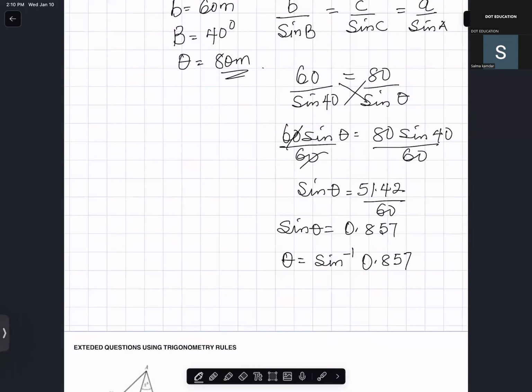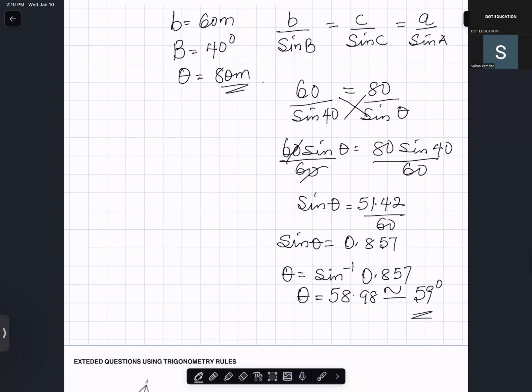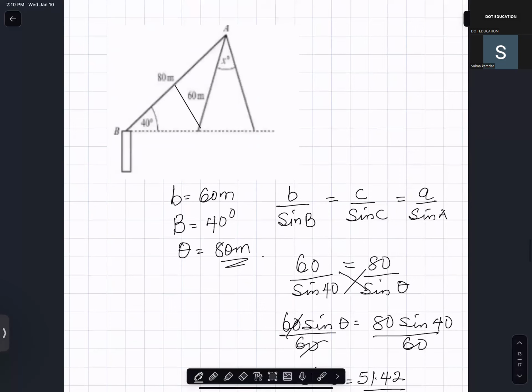So your sine inverse of 0.857 is 58.98, which can be approximated to 59 degrees. So we have theta here at 59 degrees.